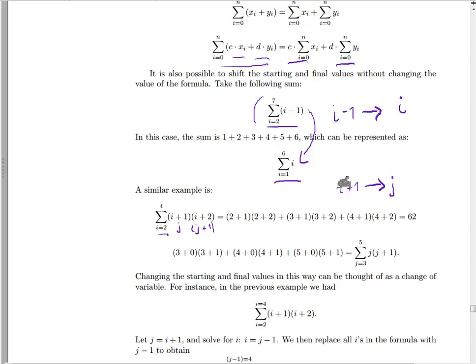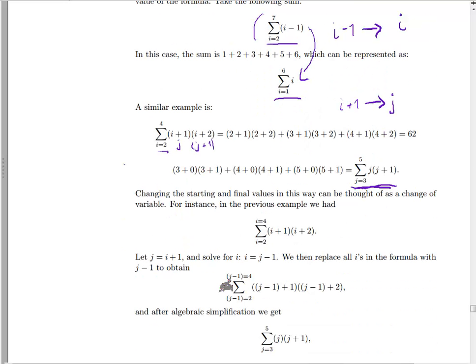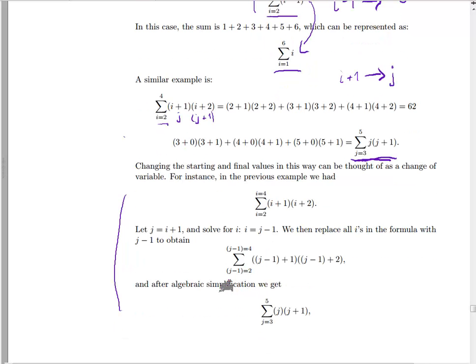I equals 2 here, but i plus 1 goes to j, so that means j equals 3. I equals 4 at the top, and 4 plus 1 goes to 5. So this is an equivalent expression using a different index variable. So this is an alternative explanation of what I just said.